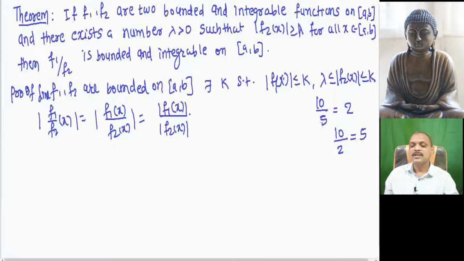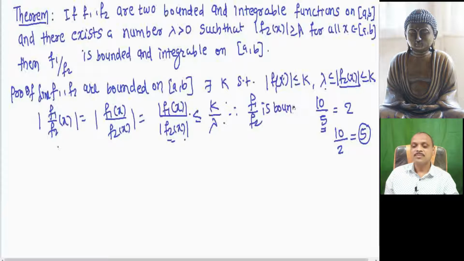That means in division, whenever we have a smaller number in the denominator, the quotient is greater. So instead of f2 of x, we take a smaller number. The modulus of f1 of x is less than or equal to k, and in the division we take a value smaller than any value of f2 of x, that is lambda. That is, f1 divided by f2 of x is less than or equal to k divided by lambda, and therefore f1 divided by f2 is a bounded function on the closed interval [a, b].